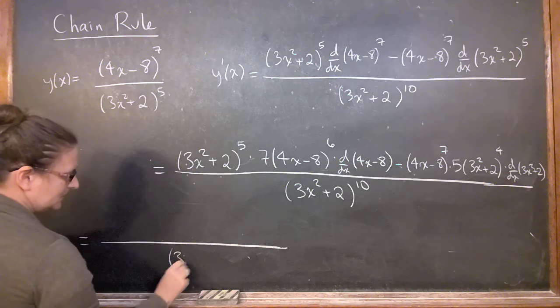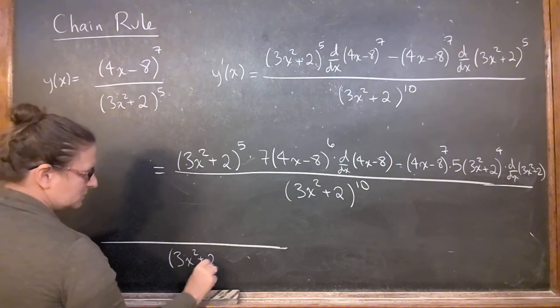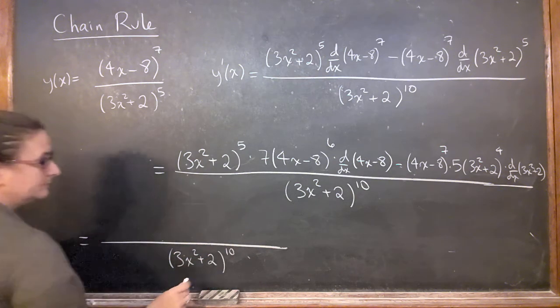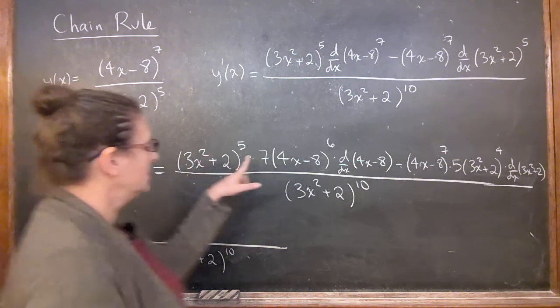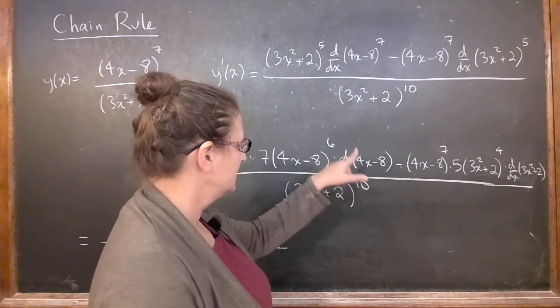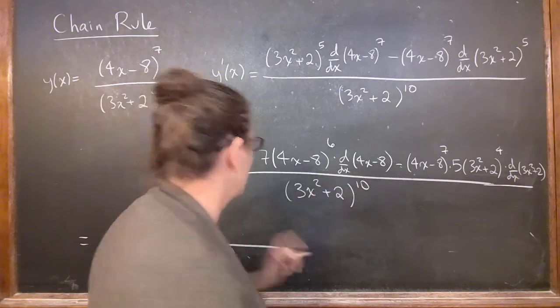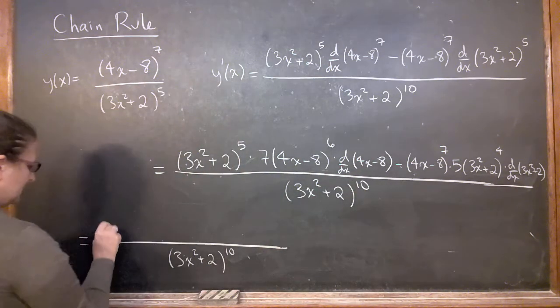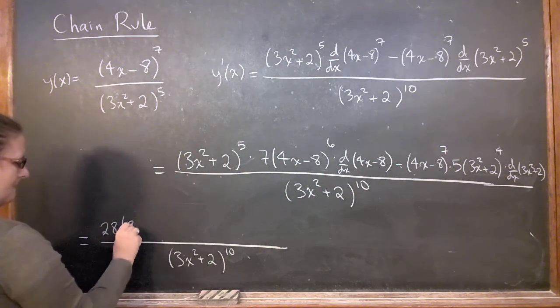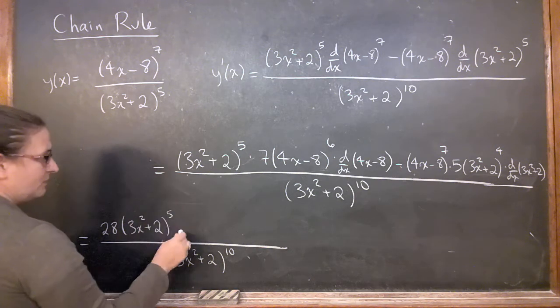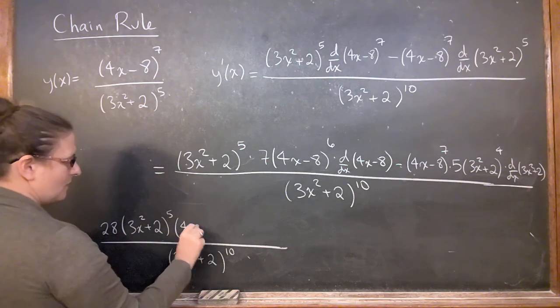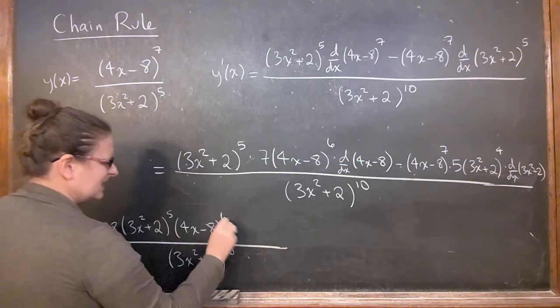Okay, so this is 3x squared plus 2 to the 10th in the bottom. This first one, I've got this times 7 times this times the derivative of this, which is 4. So I'm just going to put those together: 28, 3x squared plus 2 to the 5th, and 4x minus 8 to the 6th.